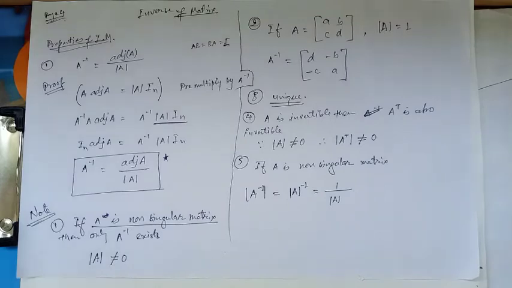Finding 1 divided by determinant of A gives you the inverse of the determinant.